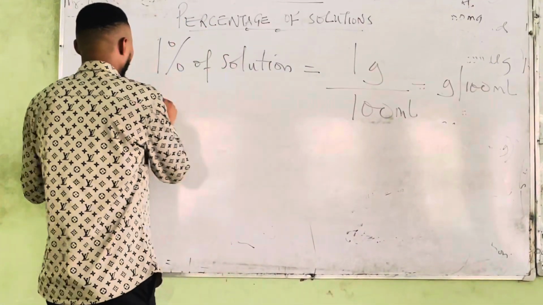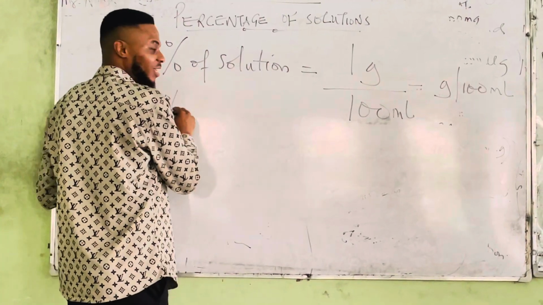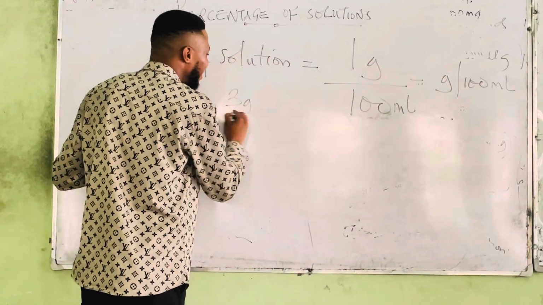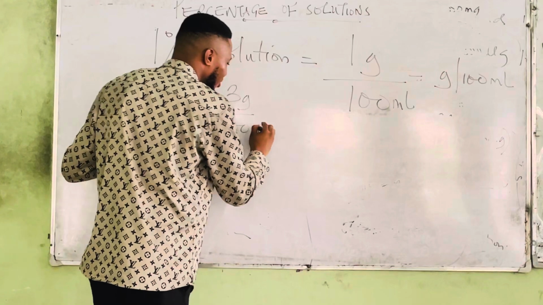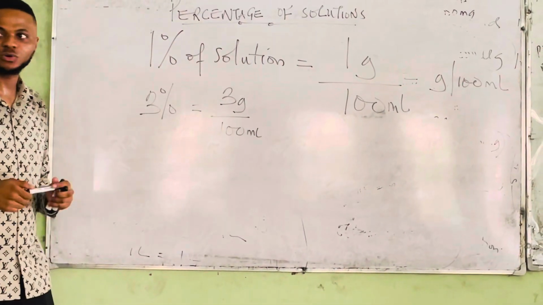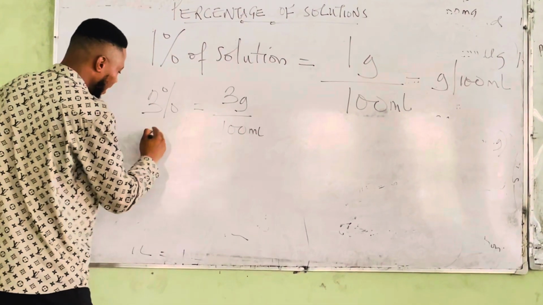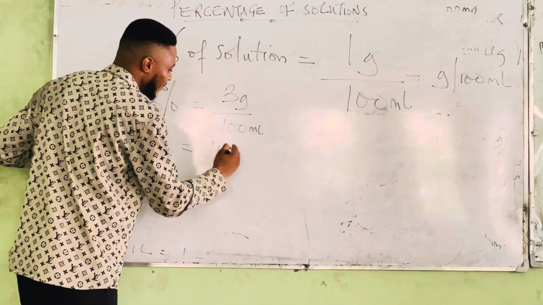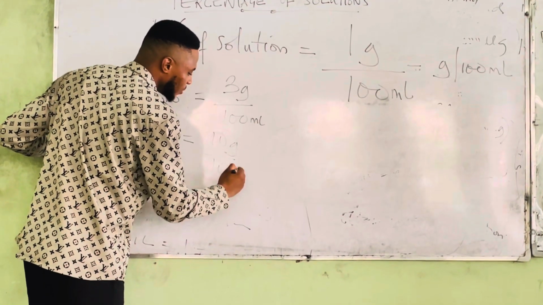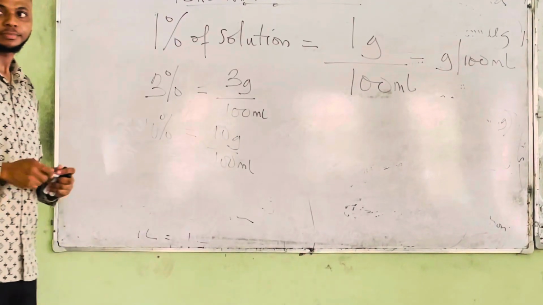It means that if we have 3%, 3% is what? 3 grams per 100 ml. Are you following? If we have 10%, 10% means 10 grams per 100 ml. That's what it means.